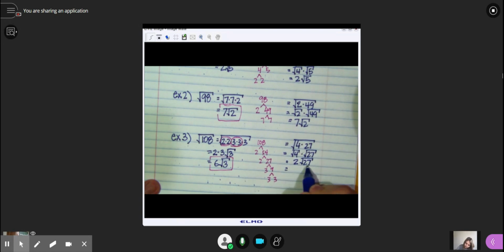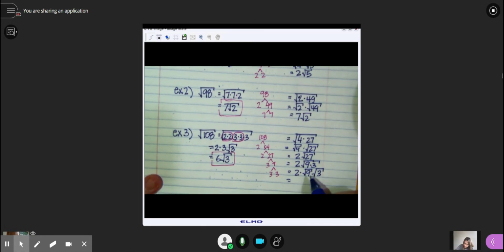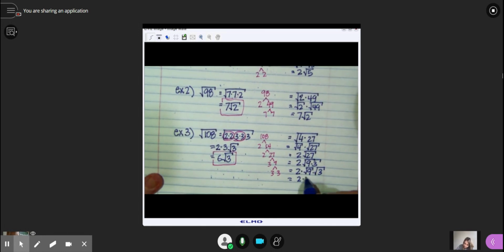But now you've got to recognize that 27 is the square root of 9 times 3, or 2 times the square root of 9 times the square root of 3. Whew. Or 2 times 3 times the square root of 3, or 6 square roots of 3.